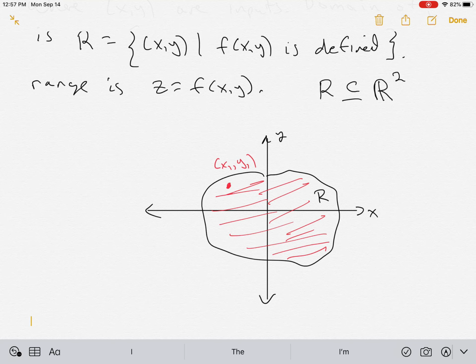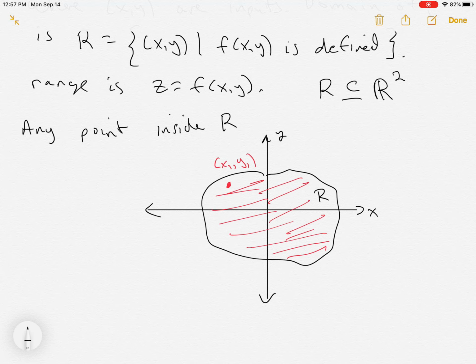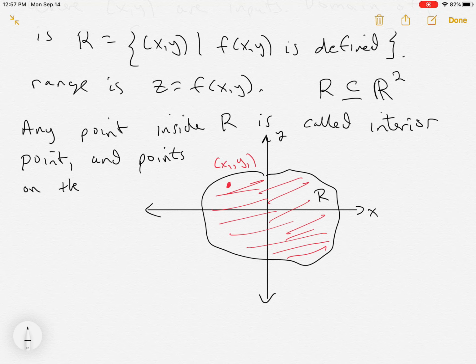Okay, so any point inside R is called an interior point. And points on the edge are boundary points.